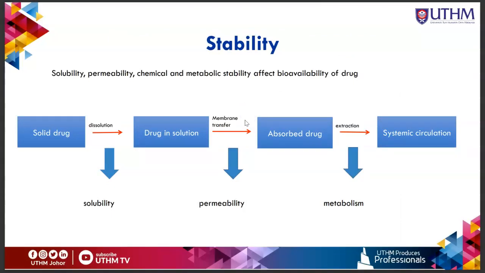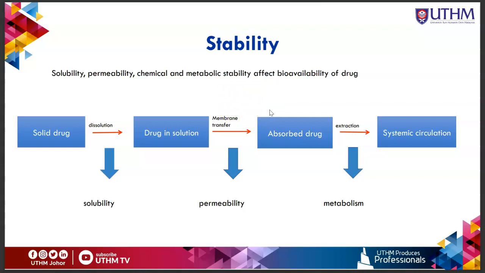Okay. Now we go into the stability of the component. So solubility, permeability, chemical and metabolic stability affect the bioavailability of the drug. It means how long it can stay or be absorbed in your body. So stability encompasses these elements, the chemical and the physical integrity of a drug over time.